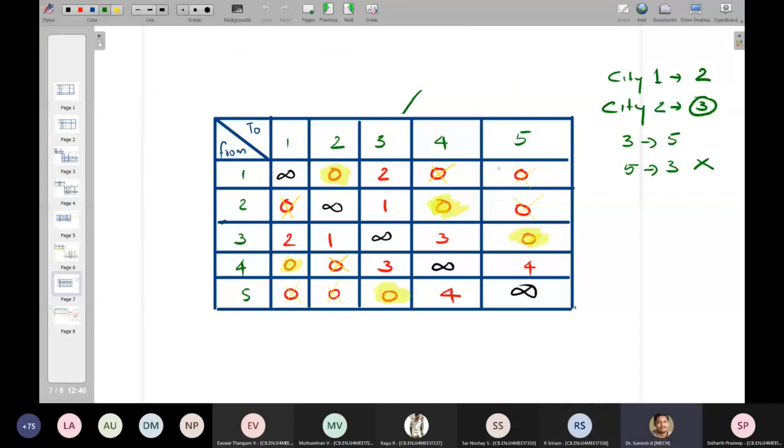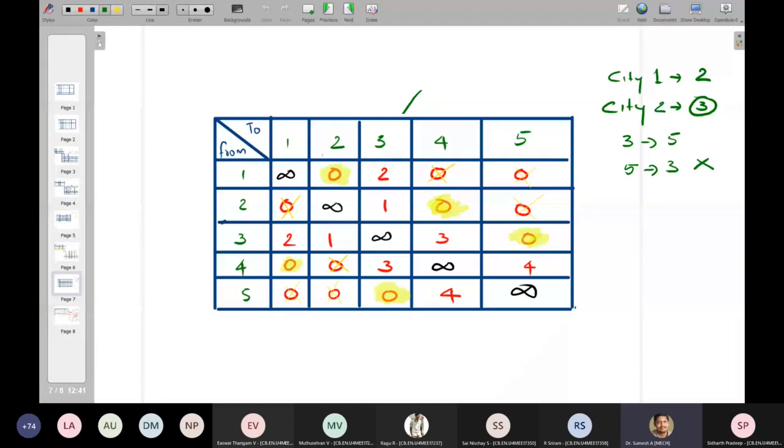Sir, one doubt. Yes, please. We can consider 1, sir. 1 is the next lowest cost. Yeah, I consider 1 here. So I am moving from city 1 to 2. I can move from city 2 to 3. Now from 3 to 5.